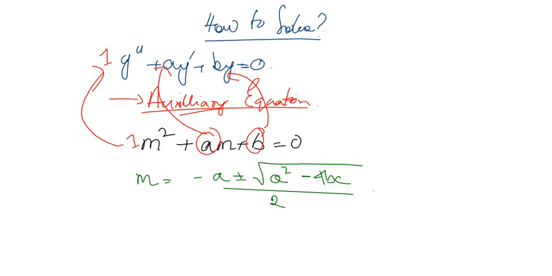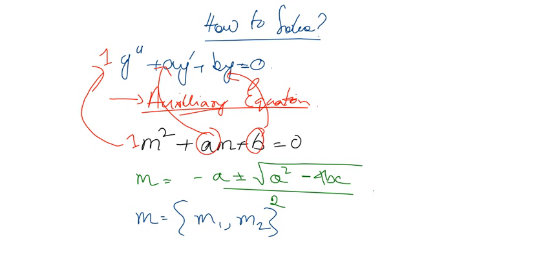Now in practical cases, obviously you will have the coefficients a and b given to you. So this value of m will be strictly numeric. Let's say you find the two values of m as m1 and m2.